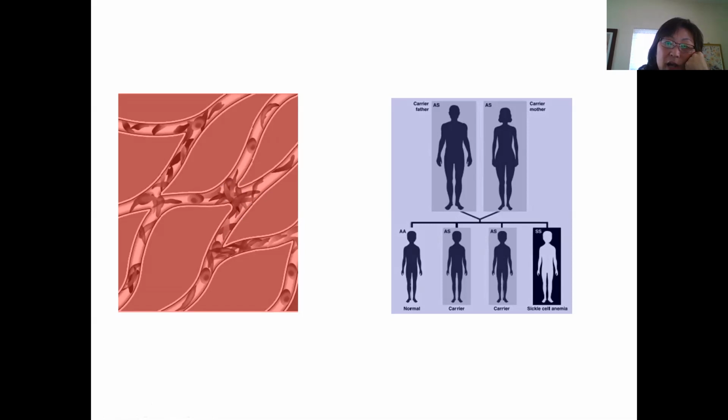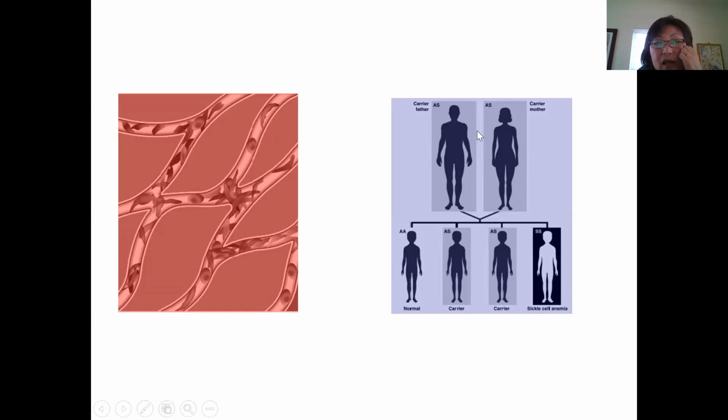This is a genetic problem, and sickle cell anemia is caused by two recessive genes. If these two recessive genes meet together, then this person will have sickle cell anemia.